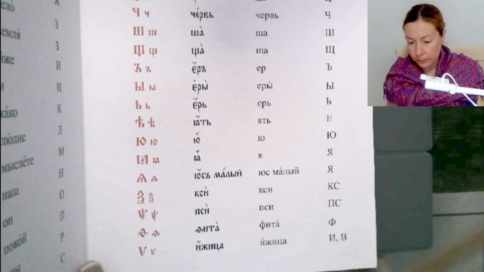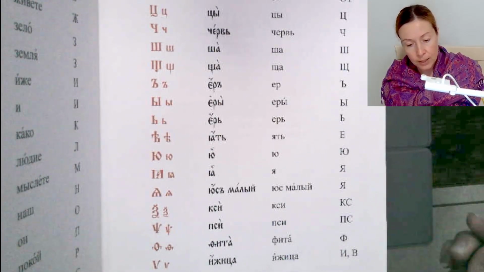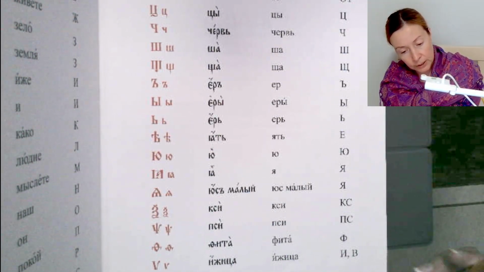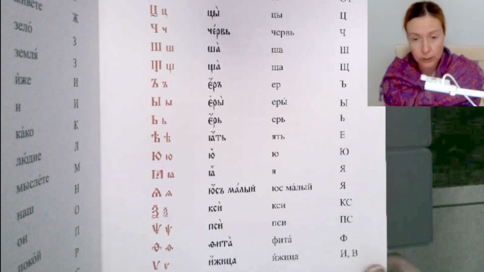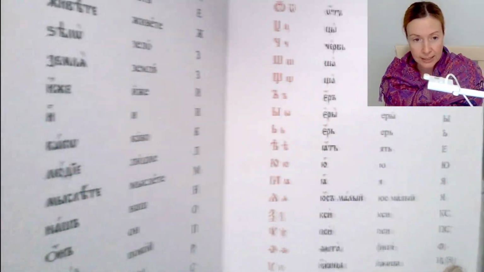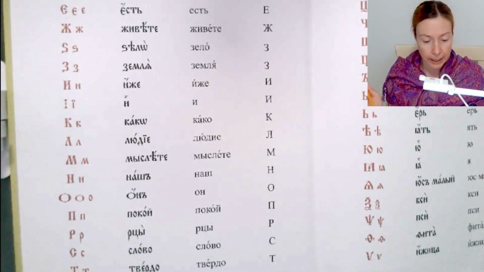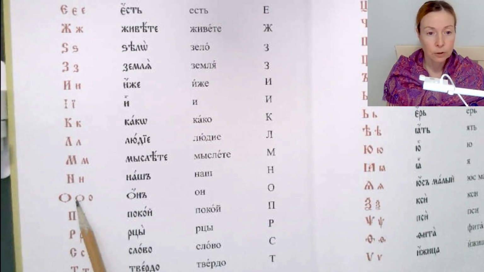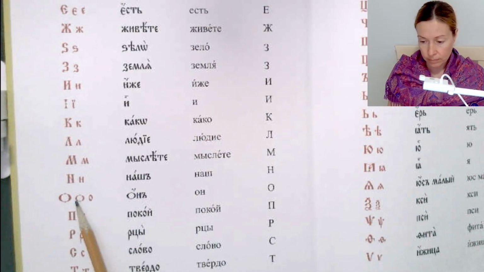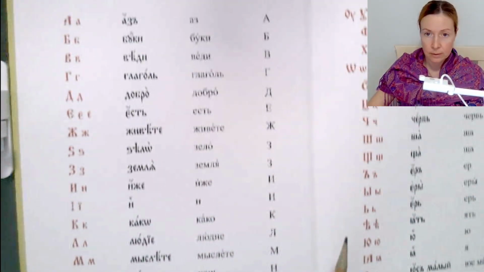What else did I want to mention? I wanted to mention that we have some different letters that have the same sound, and we're gonna discuss that during the lessons. Because let's say we're gonna have on, which we read o, and then where is it?